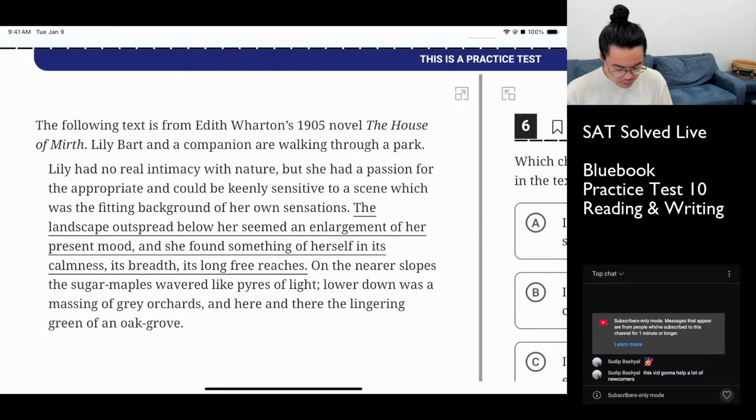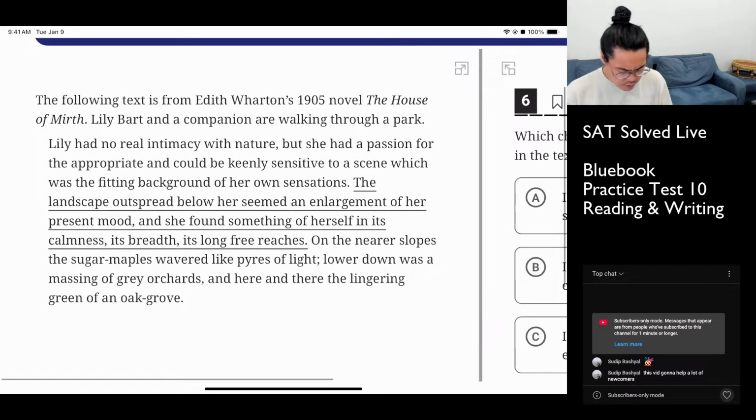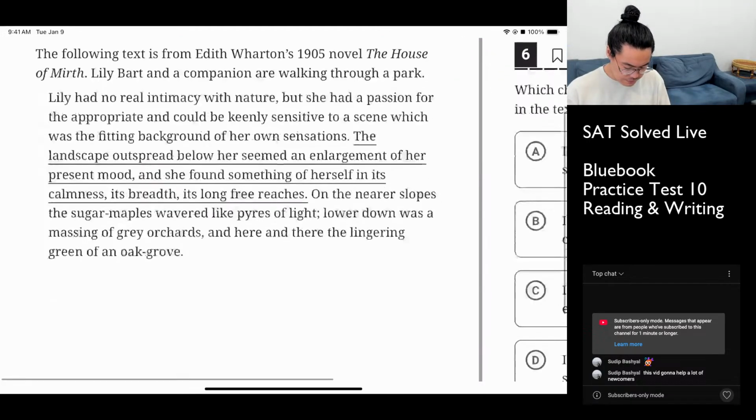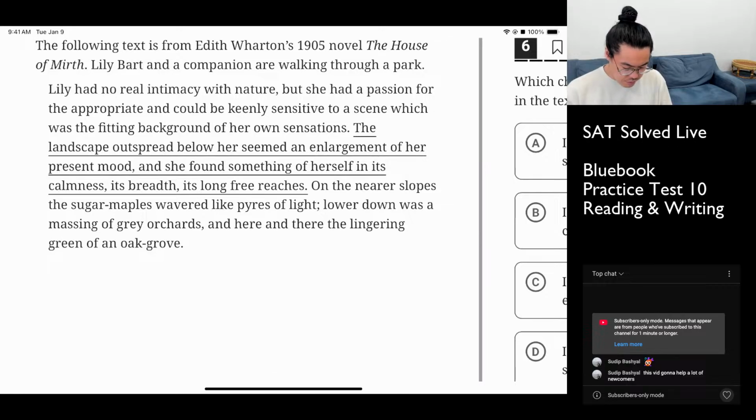L and a companion are walking through a park. L doesn't know nature, but she's sensitive to a scene if it connects with her feelings or her emotions, her sensations. The landscape of nature spread below her seemed like an enlargement, like a maximized view of her present feelings, her mood.